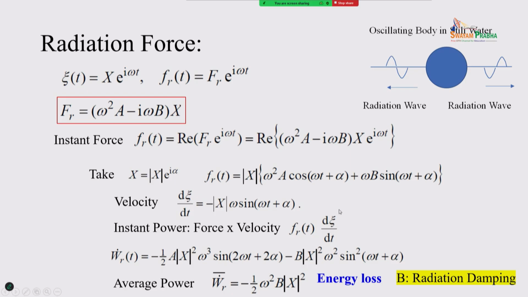So in one cycle there is energy loss, similar to a damper or energy harvester. This energy loss is proportional to amplitude square, omega square, and B. We call B the radiation damping.